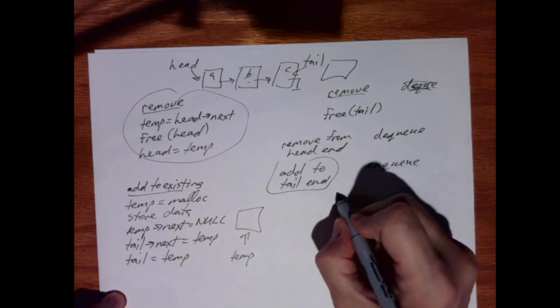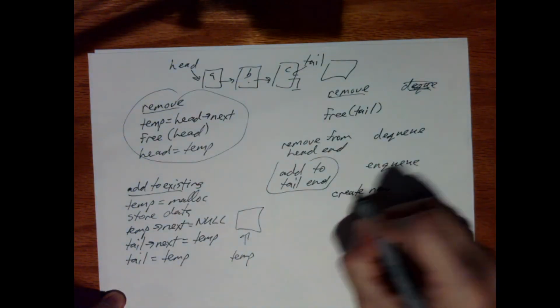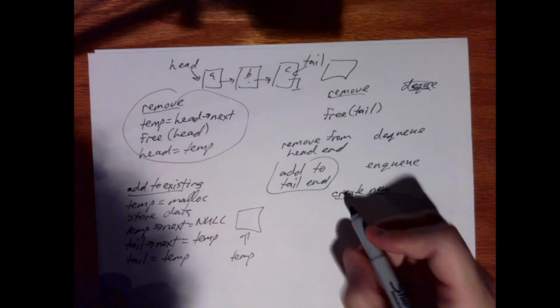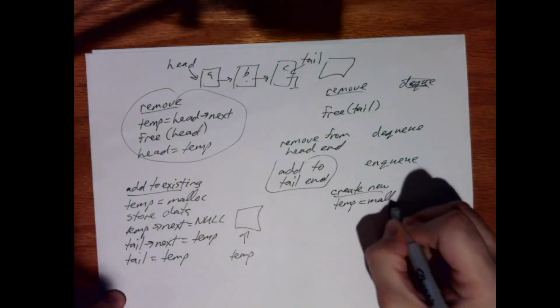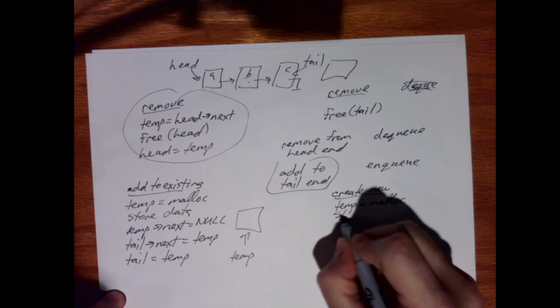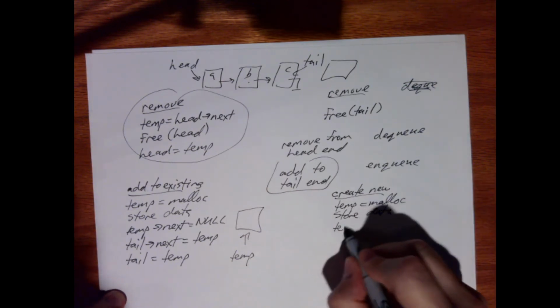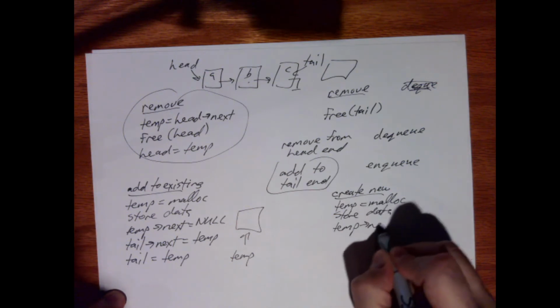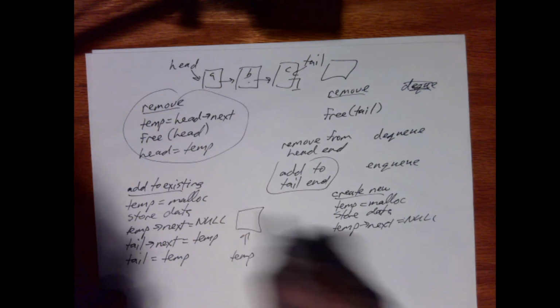Right now we're talking about create new. So what do we need to do? Well, we have temp equals malloc, store the data, temp next equals null, and then what needs to happen?